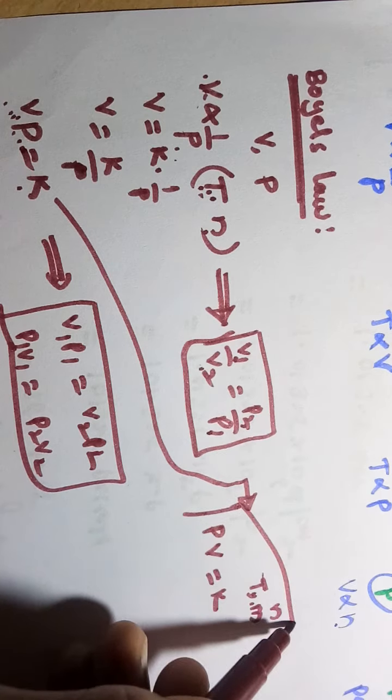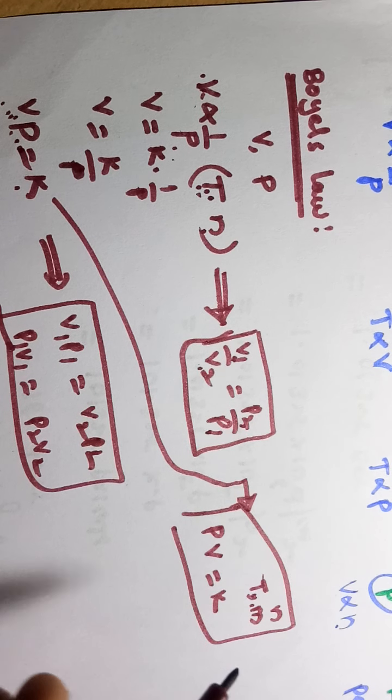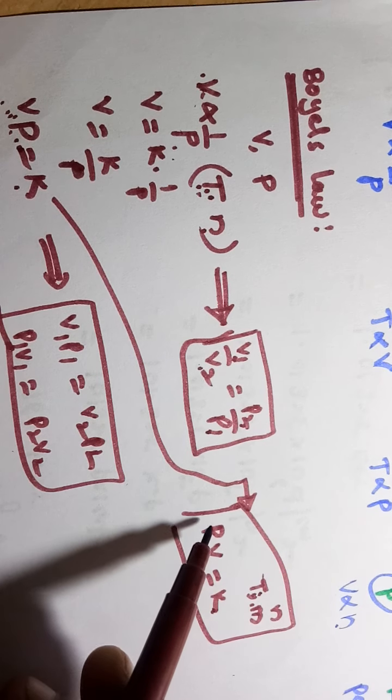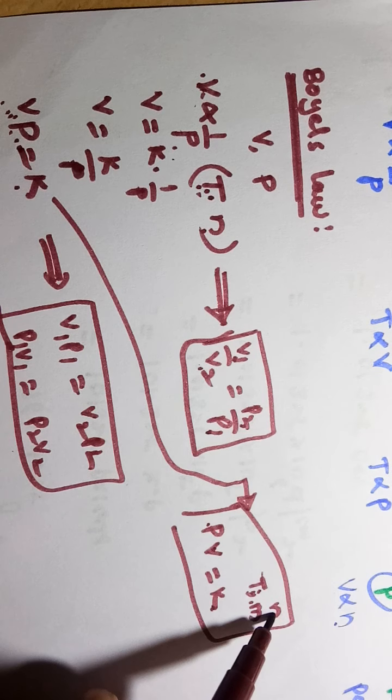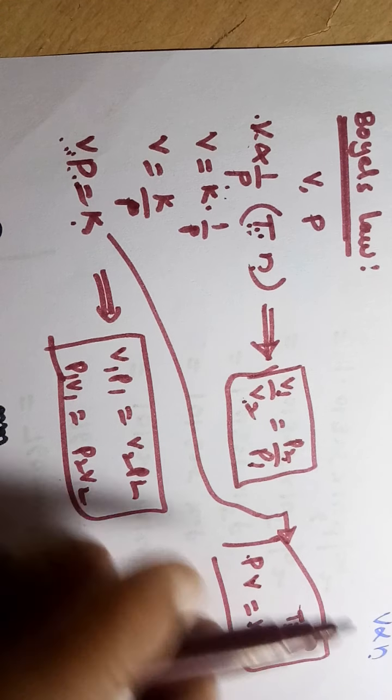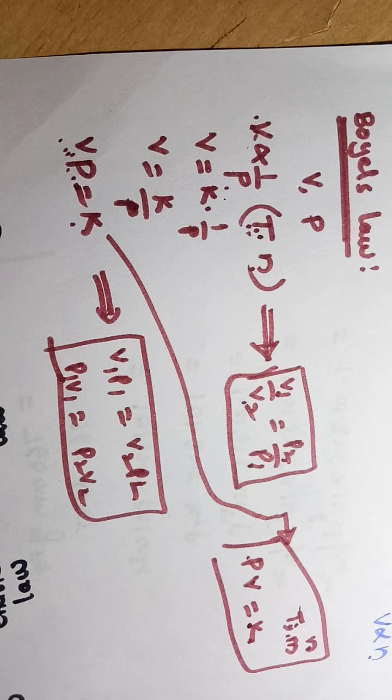So this is also called Boyle's law. Boyle's law is: at constant temperature, the product of pressure and volume of a given mass of gas is constant. So this is the concept related to Boyle's law.